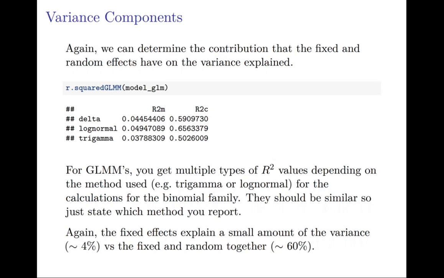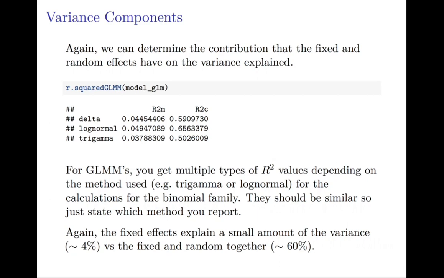For example, try gamma or lognormal or delta for calculations in the binomial family, which are going to be most of the family types that you use in your generalized models. As you can see here, the results are pretty similar. So just state which method you report when you're writing your results in your papers.